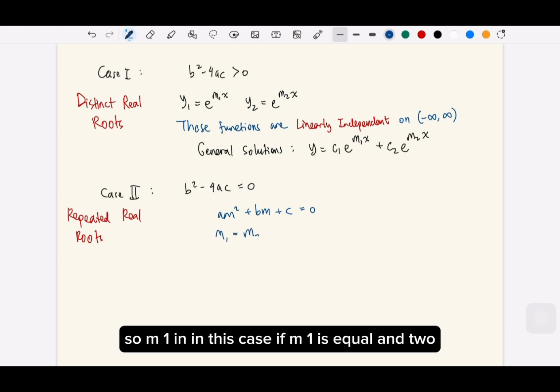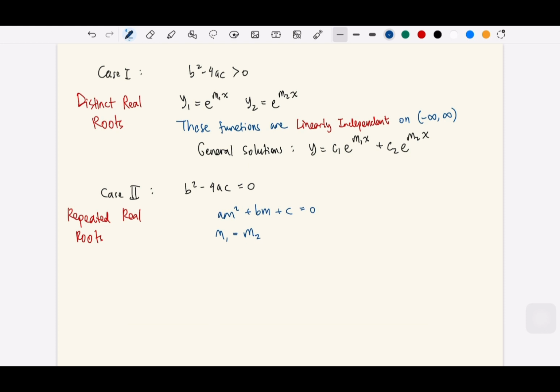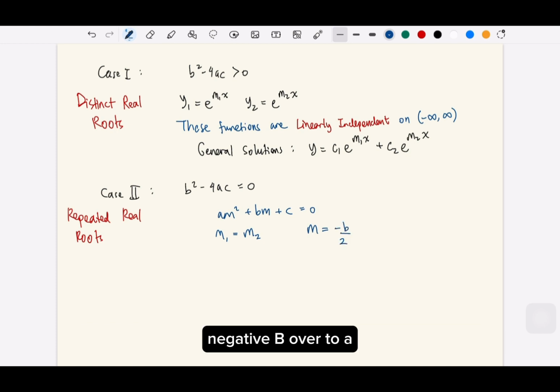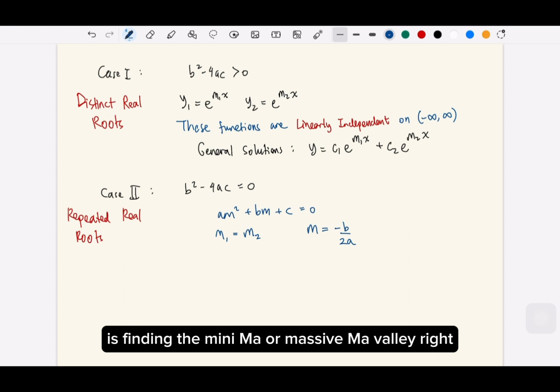If m1 is equal to m2, then we can find m through the quadratic expression, negative b over 2a. This is finding the minima or maxima value, right?